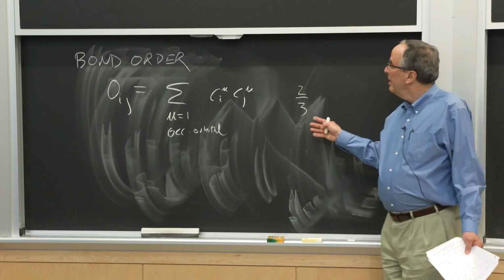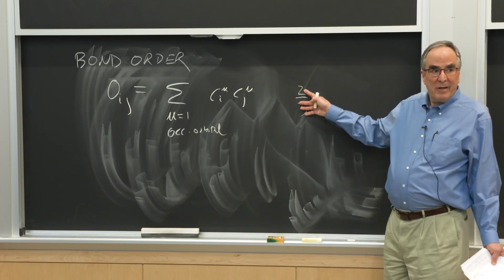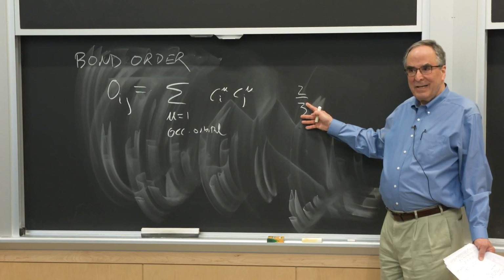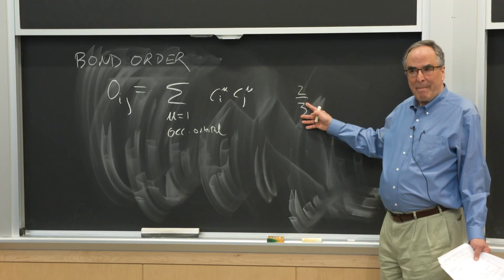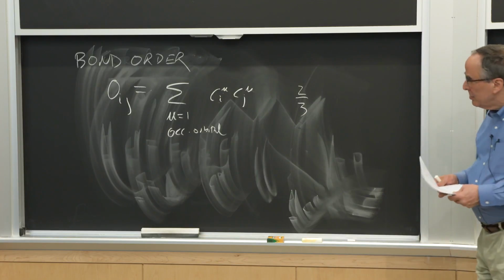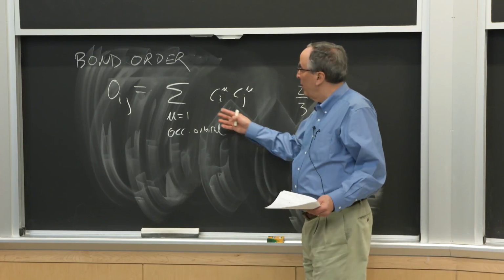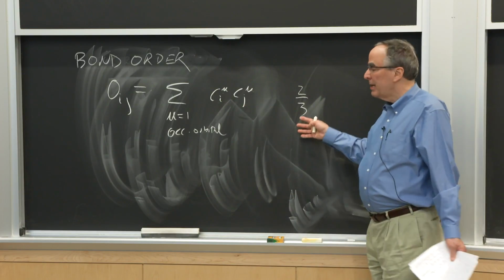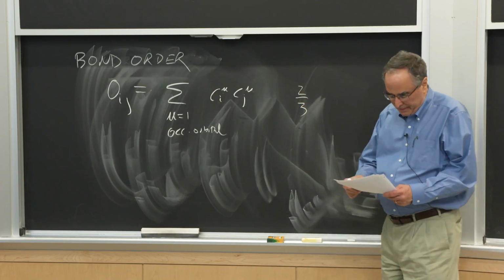And so the average is a half, and this is bigger than a half, and it's uniform. So you can say, okay, the 1-2 bond order, the 2-3 bond order, you do the laborious calculation, you always get 2/3.